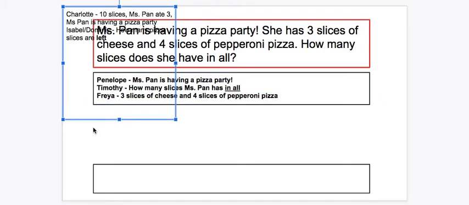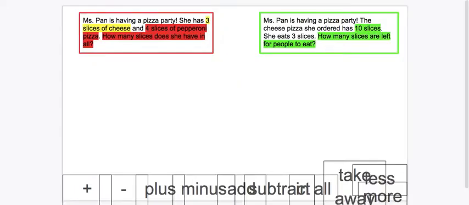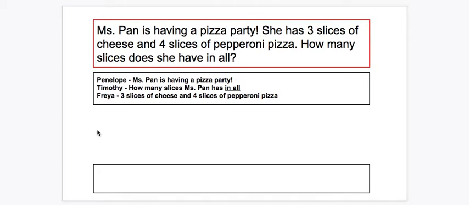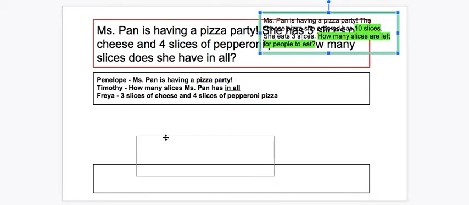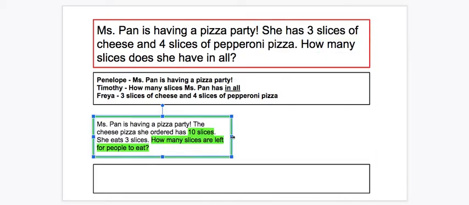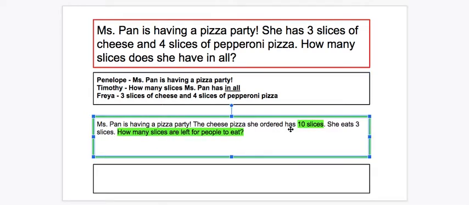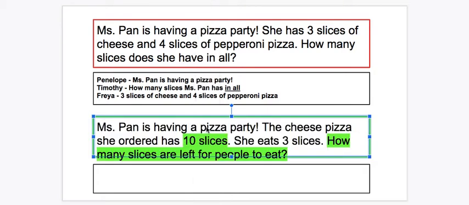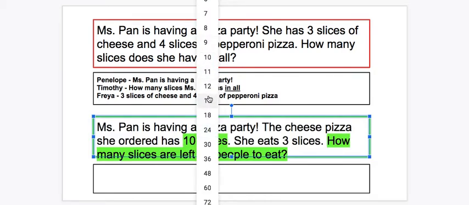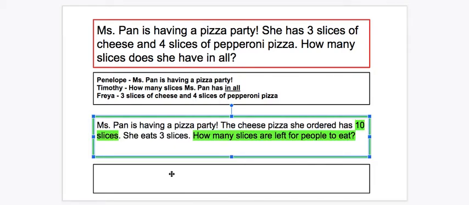Now let's think about a different kind of problem. This next problem is in the green box. Again, please close your eyes so you can really think about what is happening in the story. Let me make it a little bit bigger so you can see it. All right. The problem says, Miss Pan is having a pizza party.